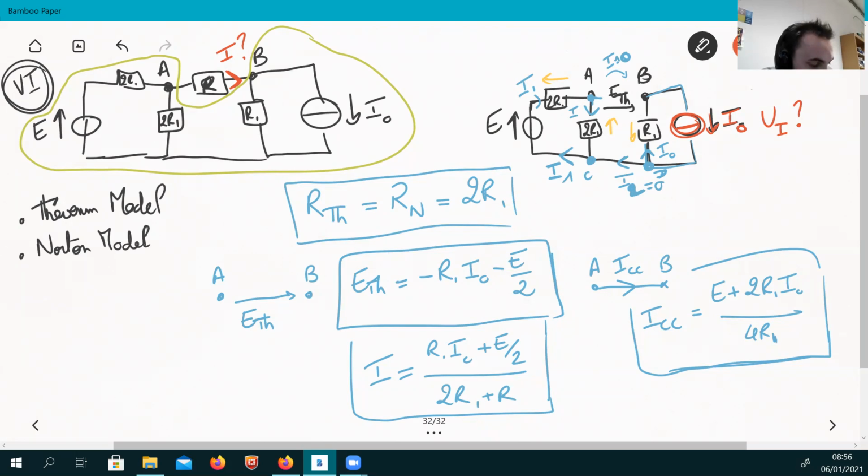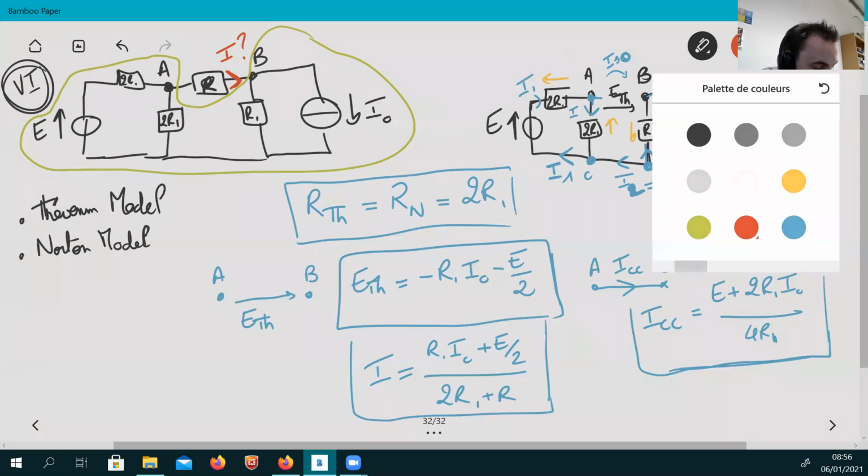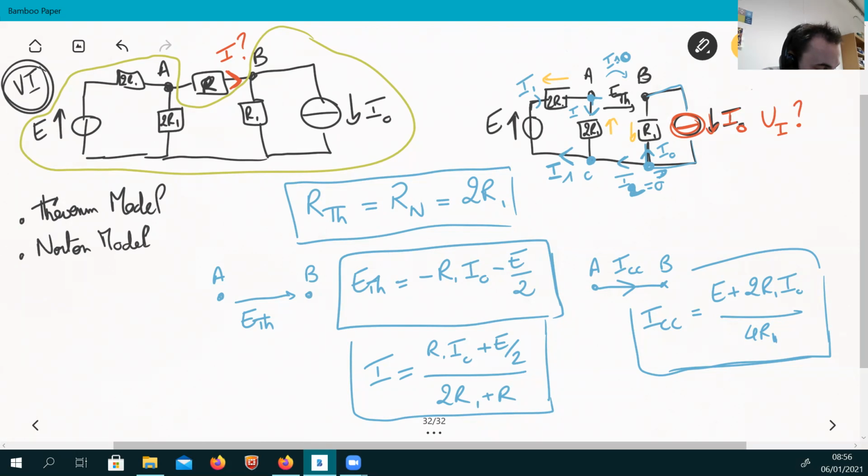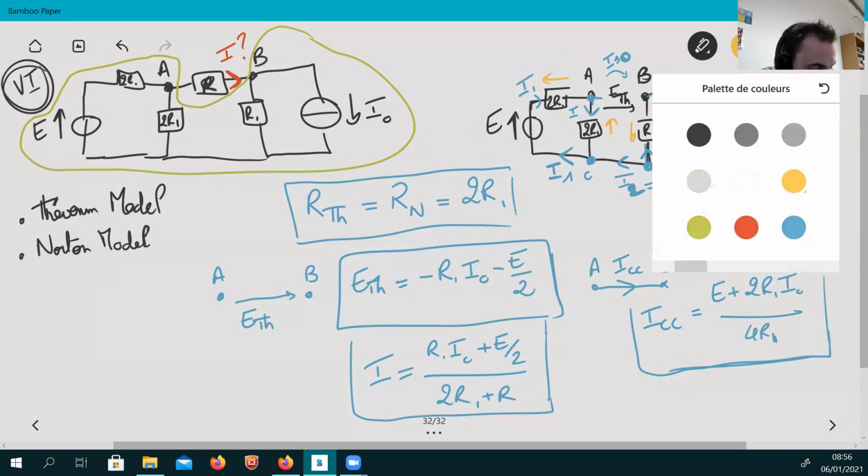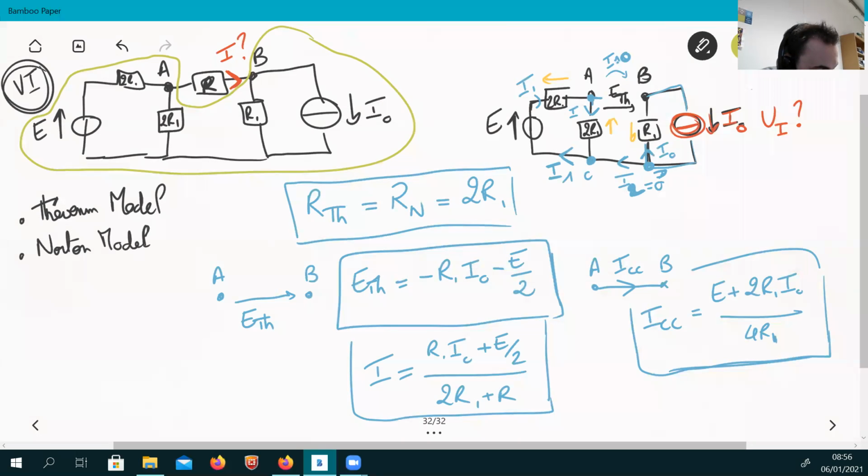So here you have 3 meshes that you can use. Let me grab another color. You can use these meshes.